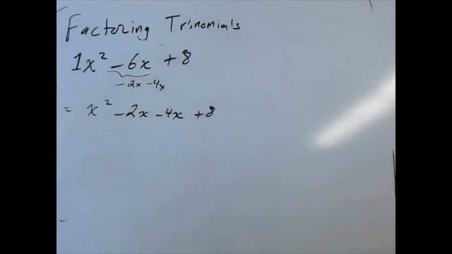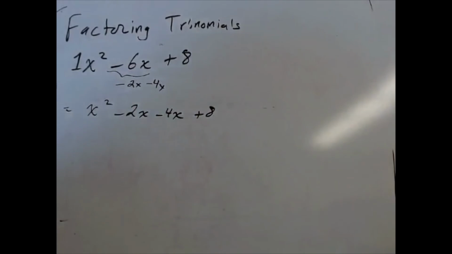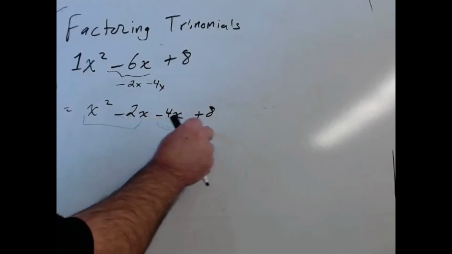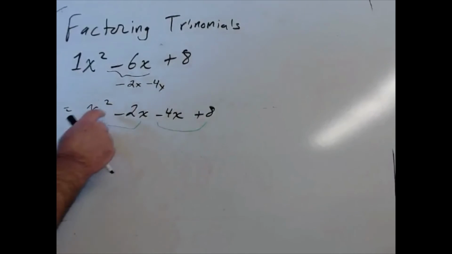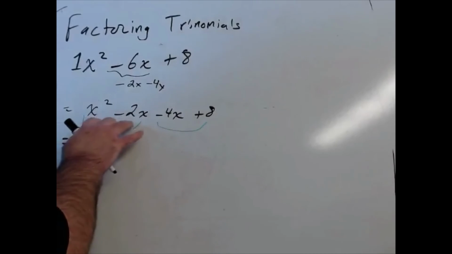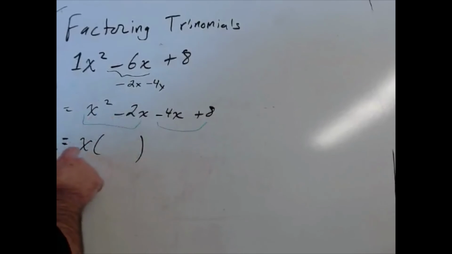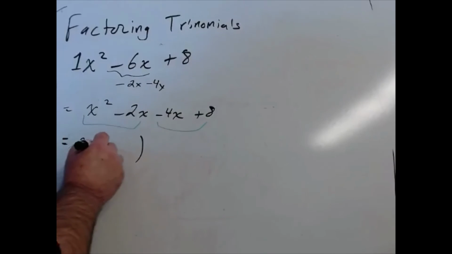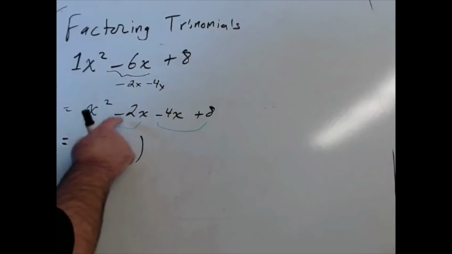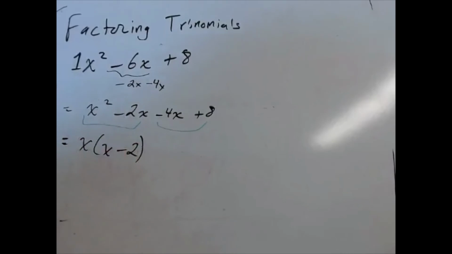Group the first two together with the last two. So I've got x squared minus 2x, common factor here. The first pair of numbers doesn't change from before, so you factor this the same way that we factored the other ones. Take out an x. X times what gives me x squared? X times what gives me negative 2, so it's a negative 2. So I've got x times x minus 2.